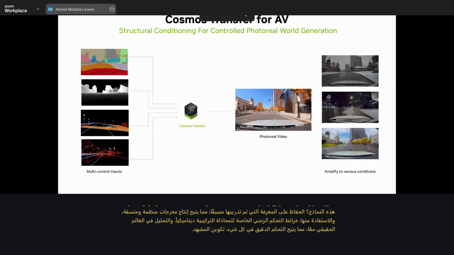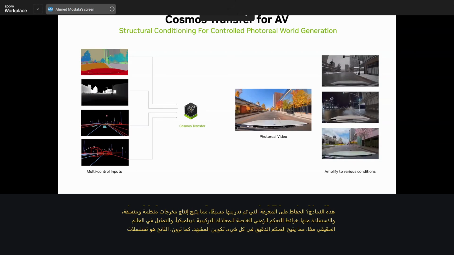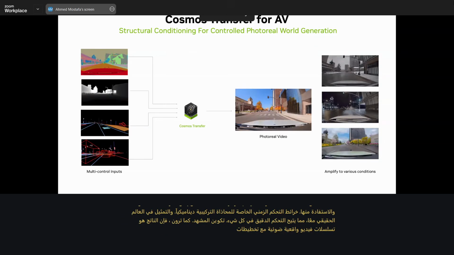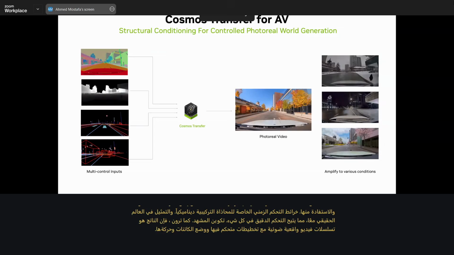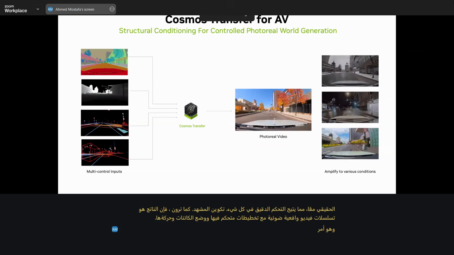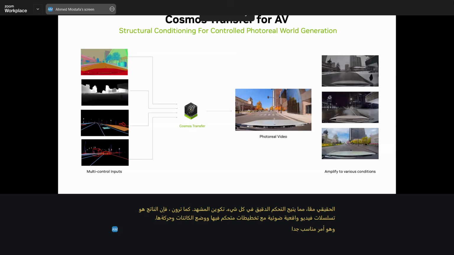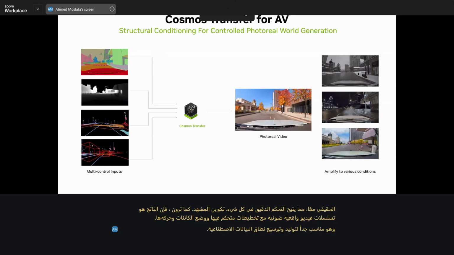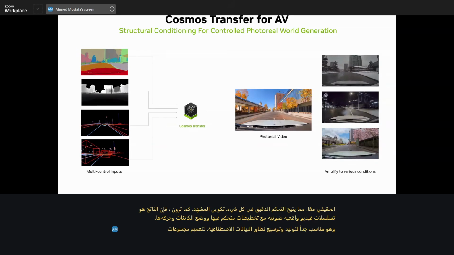As you can see, the output is photorealistic video sequences with controlled layouts and object placement and motion, which is very suitable to generate and scale the synthetic data to generalize your data sets.